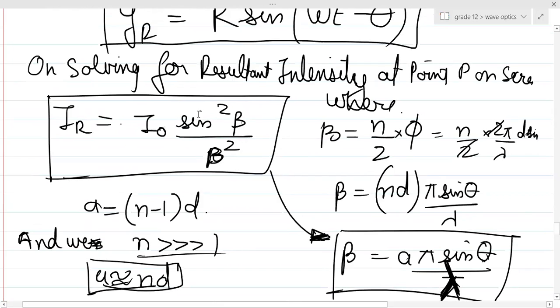So overall, the resultant intensity decreases because theta is increased. When theta increases, beta increases, and when you increase it, the denominator increases more as compared to the numerator. So overall the resultant intensity decreases. Understood? Okay.